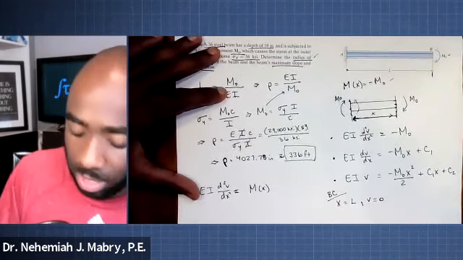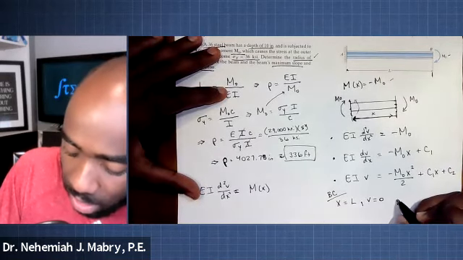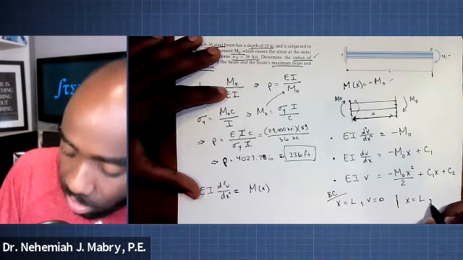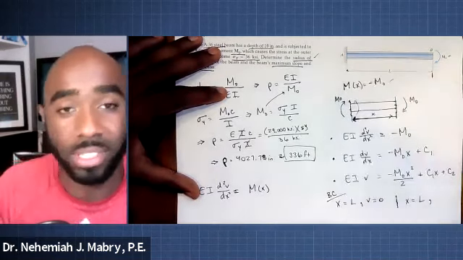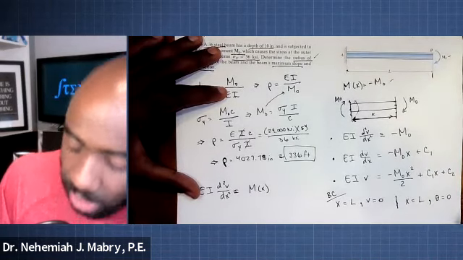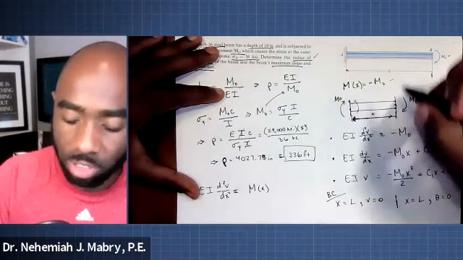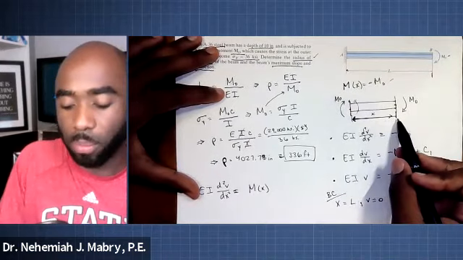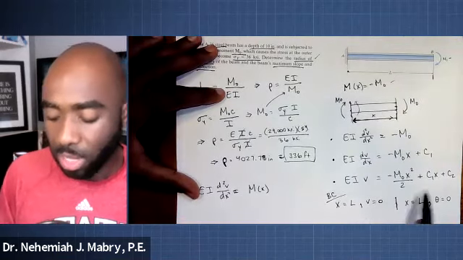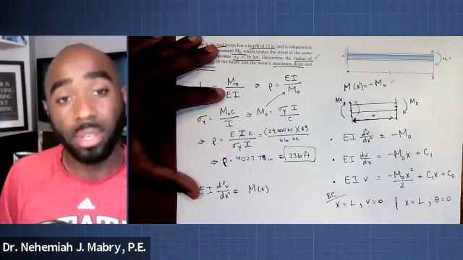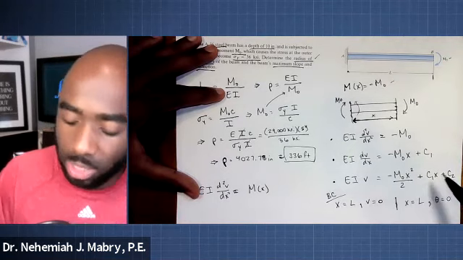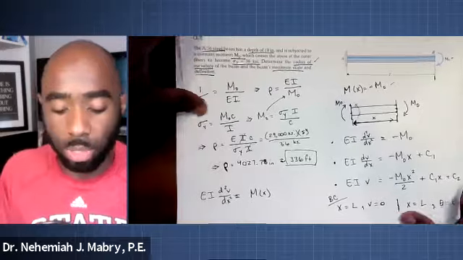Something else we can say is that when x is equal to L, the slope at a fixed end is also 0. We shared that in the last video. Now we can set our equations equal to these values, equal to 0 for each case, and find out what these constants are.